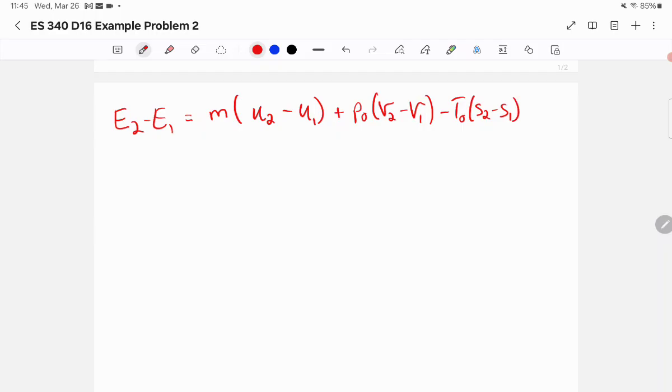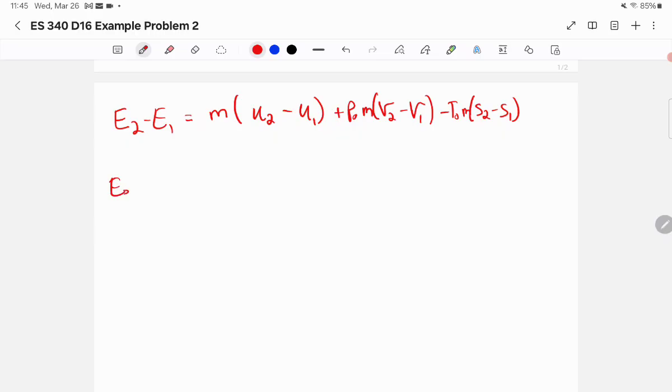Since the kinetic energy and potential energy terms are going to be ignored, I'm not going to write them, but just remember that we would have had them here. This should be times M though, right? I forgot my M's here. Times M and T0 times M. Okay, so that's going to be my change for that one.